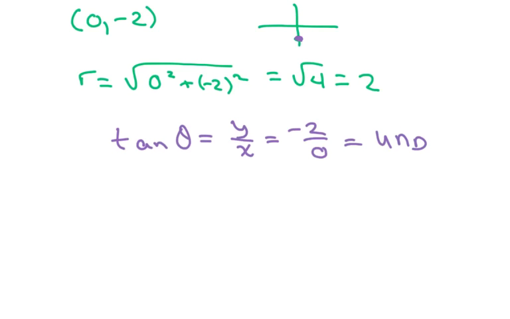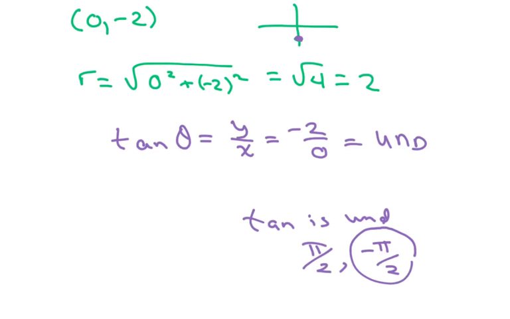And we know tan is undefined at pi over 2 and negative pi over 2. Since it's right in this area here, we have to pick negative pi over 2. So my answer is going to be 2 comma negative pi over 2.